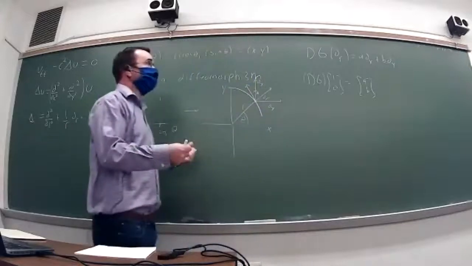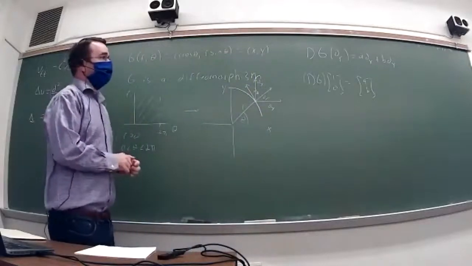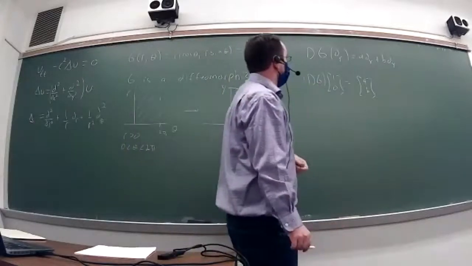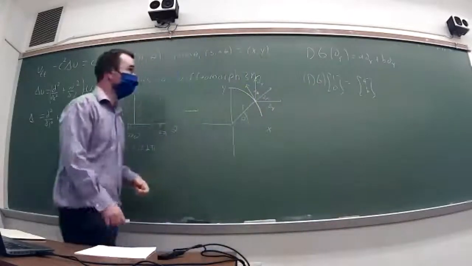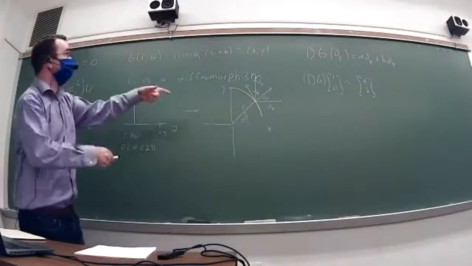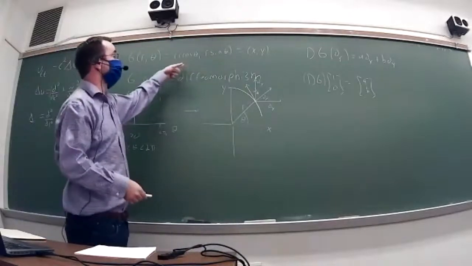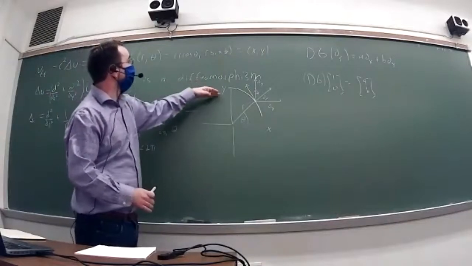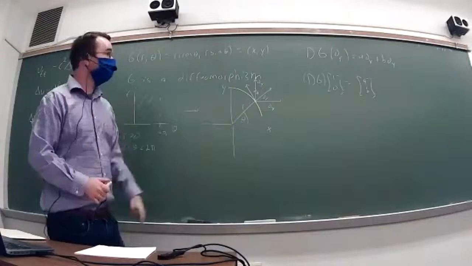Under that identification, the matrix for the linear transformation will be the usual derivative matrix. And to be clear, you can totally write that out. The columns are cosine theta, sine theta, and minus r sine theta, r cosine theta.